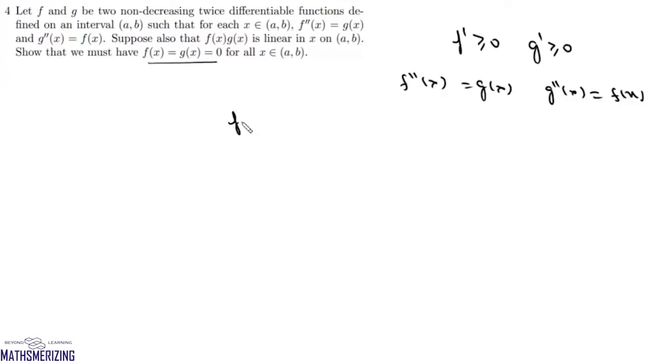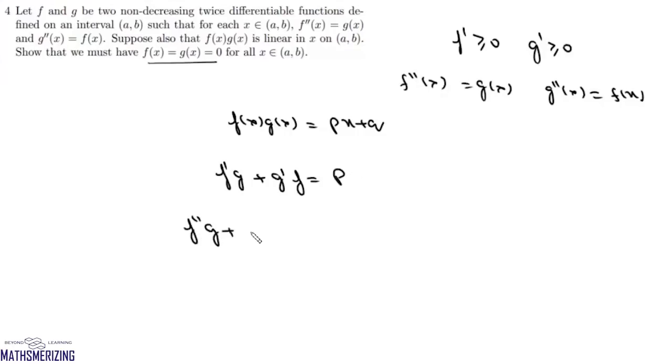Now it is given that f(x) times g(x) is a linear function, say px + q. Now we'll differentiate, we'll get f'g + g'f equal to p, and we'll differentiate again, we'll get f''g + f'g' + g'f' + g''f equal to 0.